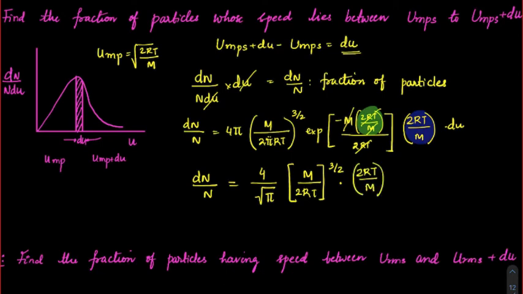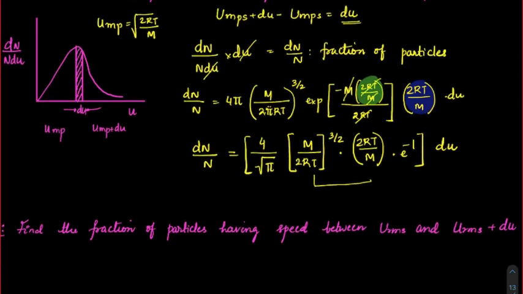If you multiply these two, into e raised to power of minus 1 will be there, got it? And this entire thing into du is what you will have, okay.